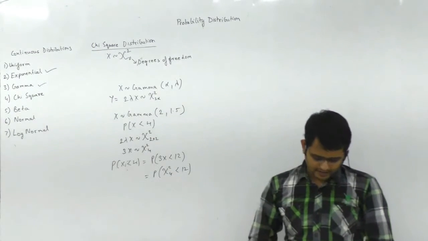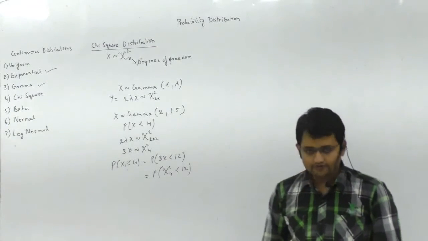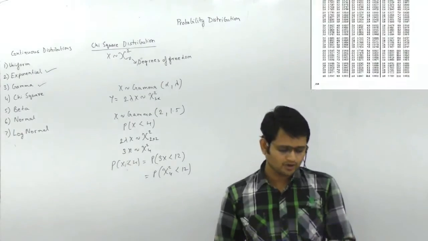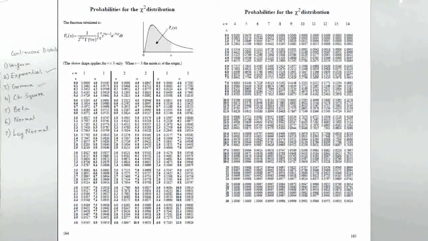Now how to find probabilities of chi-square? Come to our table formula book, page number 164 and page number 165, we have chi-square tables. Now how do we read chi-square tables? Whenever we are reading a particular table, always see the graph that is given at the top. The graph shows us the shaded region between 0 and x.